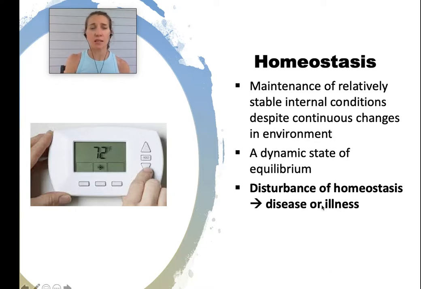So it is the case that if homeostasis is disturbed, that is, if a physiological system goes outside of a particular range, a physiological range, then disease or illness will result. And that could be acute, it could be chronic. It really depends on what it is that you're looking at.